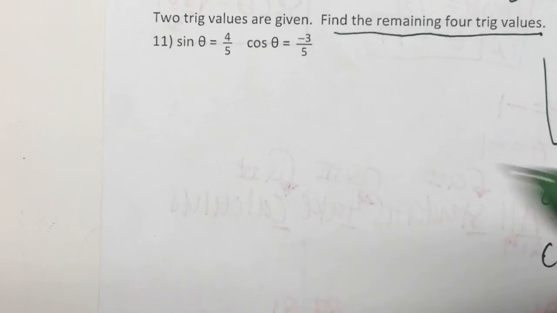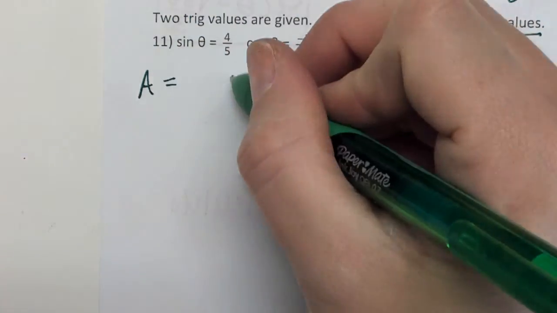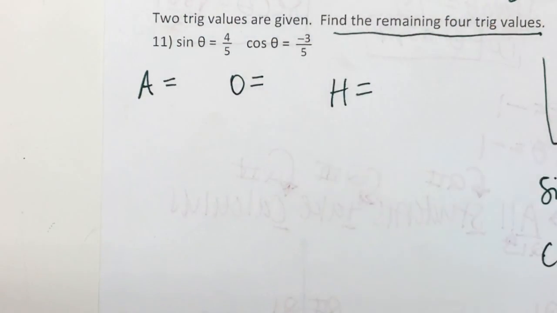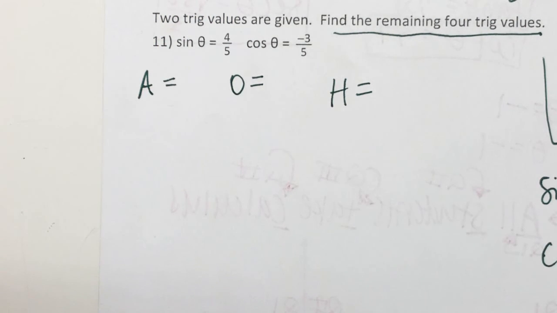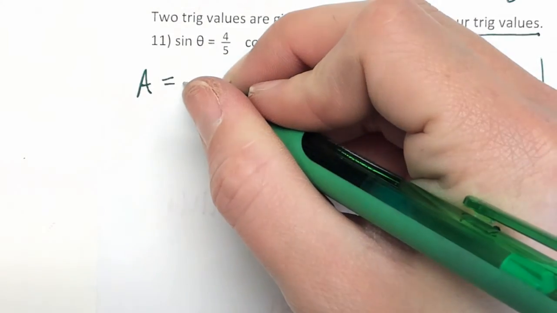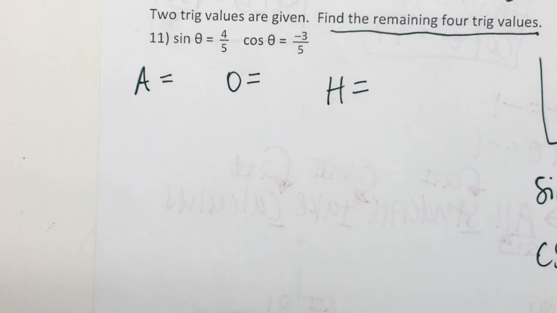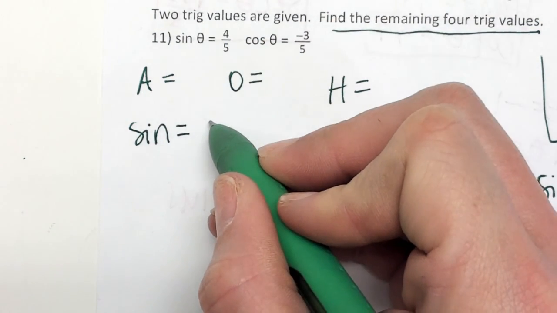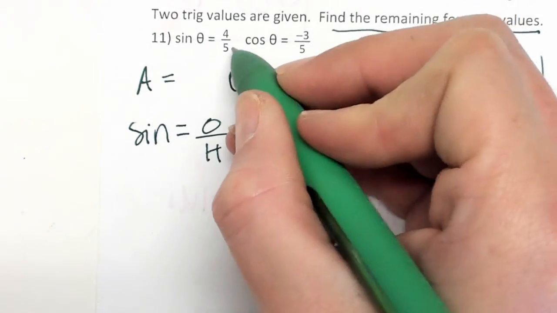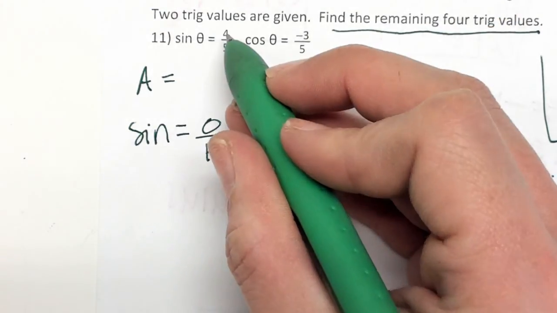Alright, let's go over this one quickly. Adjacent, opposite, hypotenuse. What is our adjacent? Where'd you get 9 from? It's not 3. Alright, let's back up. This is just about memorization. It's not even about math right here. Darren, what is sine? Blank over blank. Okay, they give us sine, so that means opposite is what?